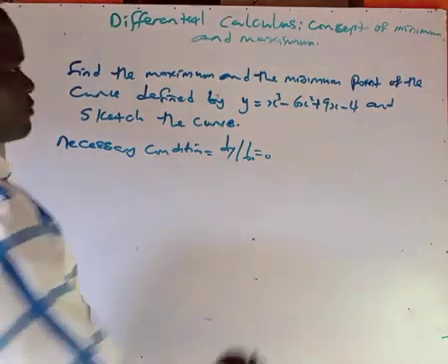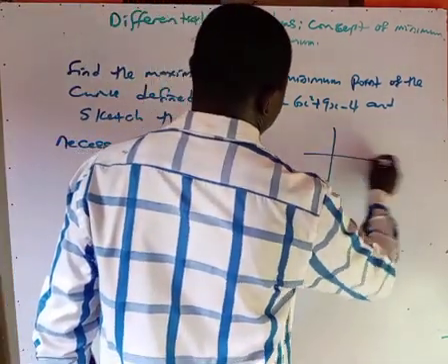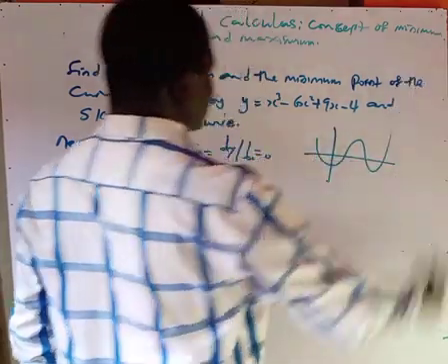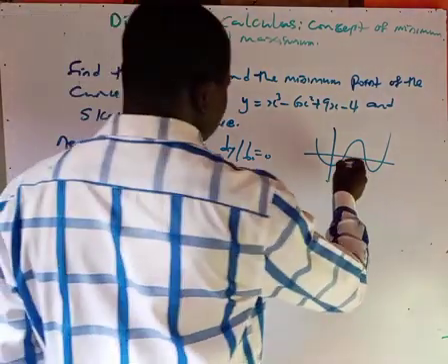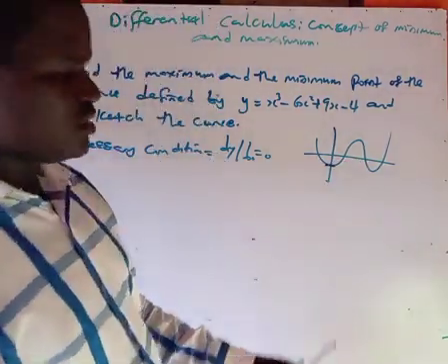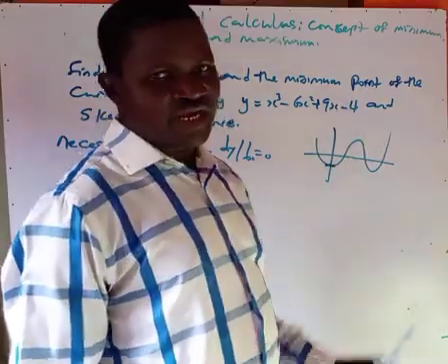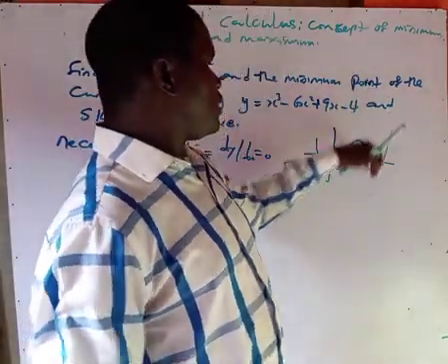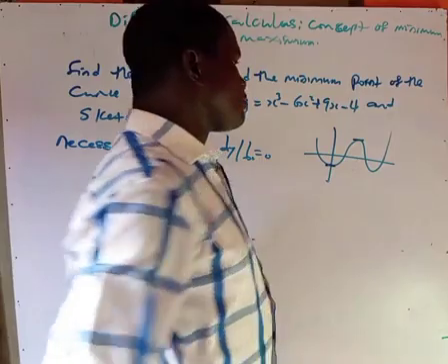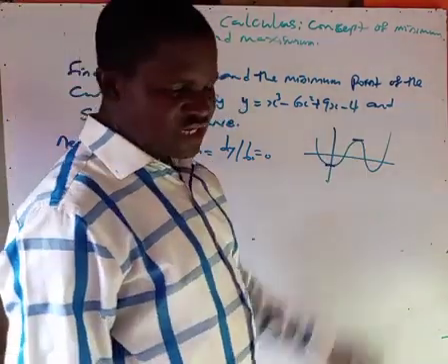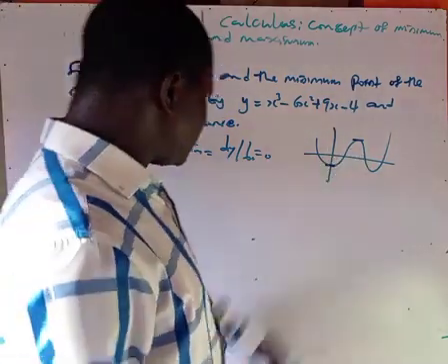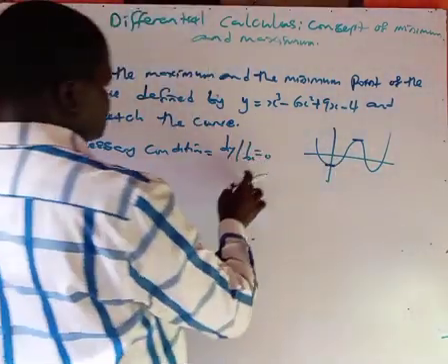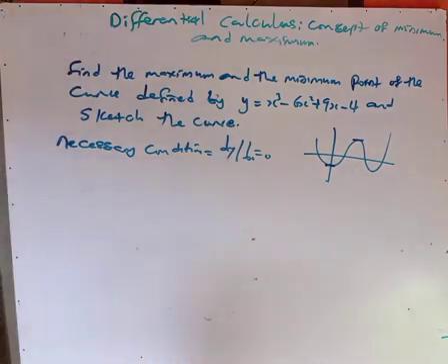So that is, if you have a curve like this, what you mean by a stationary point is the turning point, the point where this line turns to another direction, maybe from here up, and this point also. So this is minimum and this is maximum. So here you have the stationary point. At the stationary point, the rate of change of y with respect to x is 0. So that is what we mean.